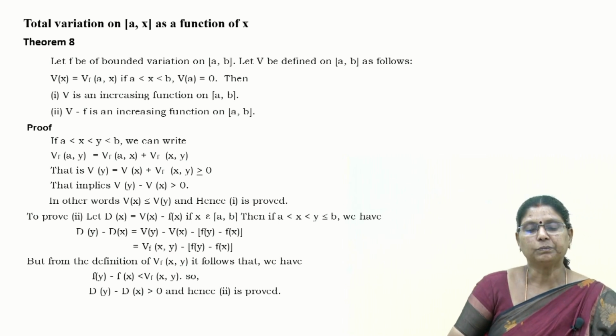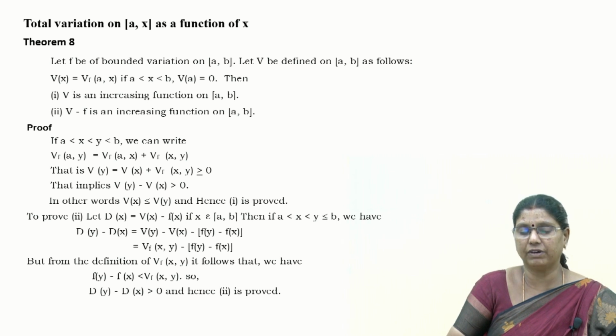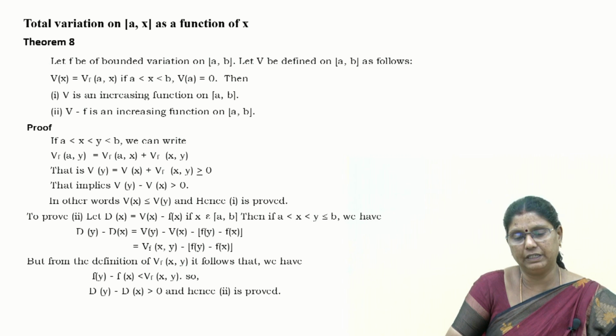Next, let us show that V minus f is also an increasing function on the closed interval [a, b]. Let us define d(x) equal to V(x) minus f(x) if x belongs to the closed interval [a, b]. Then we consider a < x < y < b. We have d(y) minus d(x); similar to d(x), we can write for d(y) also.